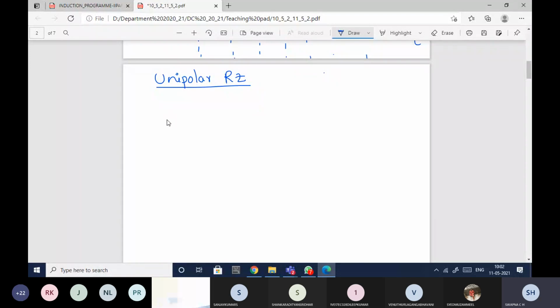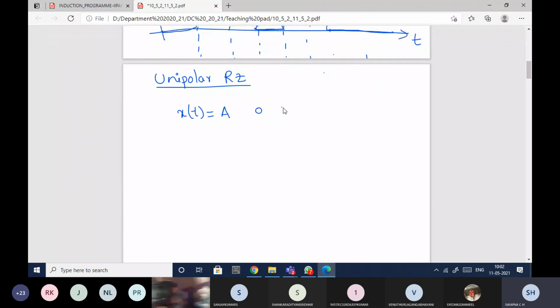In the unipolar RZ, x of t will be denoted as A over 0 less than or equal to t less than or equal to Tb by 2. This is for symbol 1. For symbol 1, for half of the interval it will be A, and for the remaining half of the interval it will be 0.